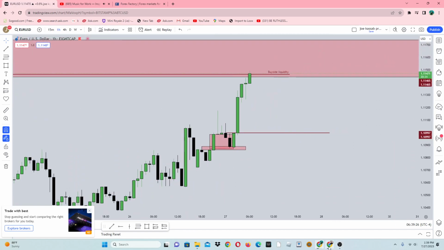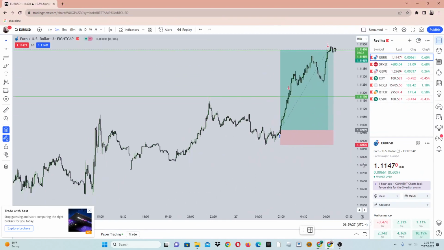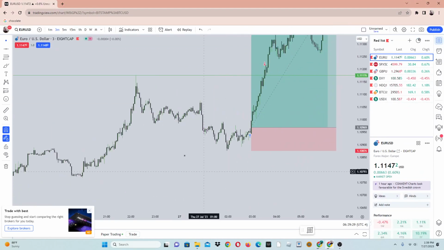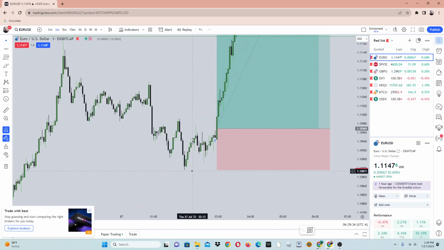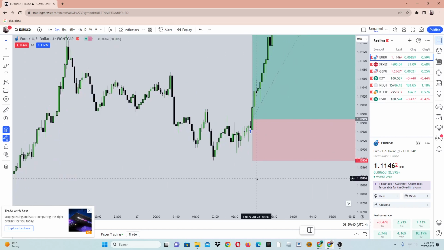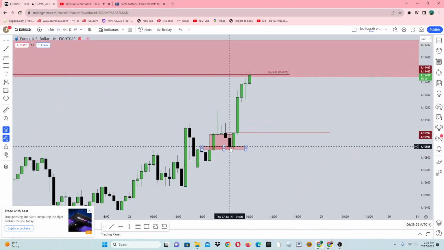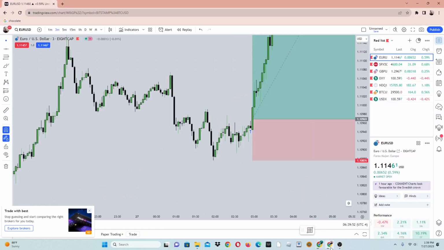Now, going into the 3 minutes, as you can see, this is the retracement, and we were in the London session, 2 a.m. until 5 a.m. What I noticed on this 3 minutes chart is that we have a swing formation right here. This is the swing formation on this hourly candle, on this bearish candle.